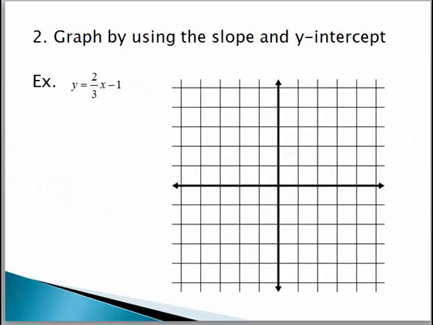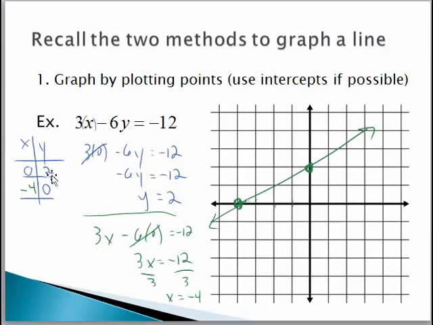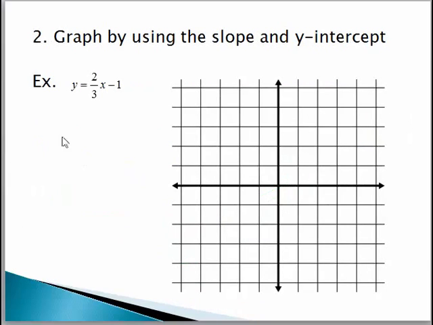Now, the other method you learned: if you're given an equation in slope-intercept form, which is how this one is given, there's the slope, right here, and this is the y-intercept.